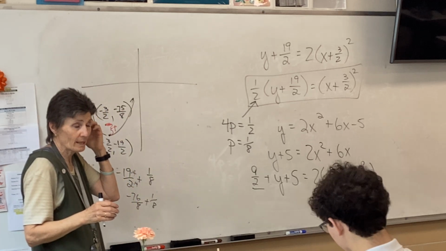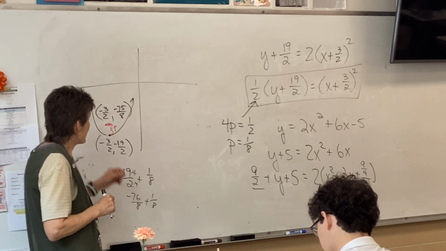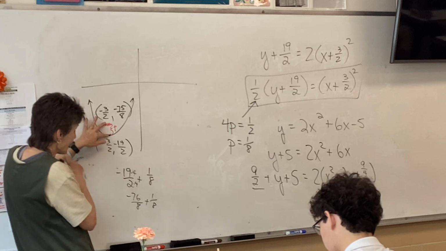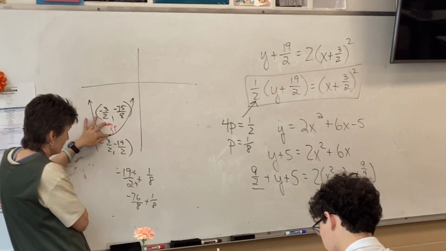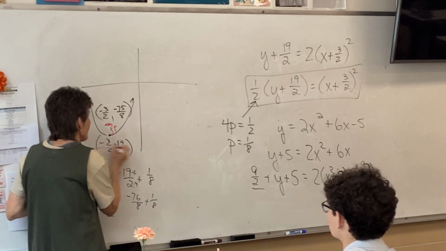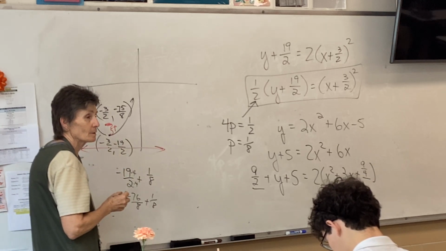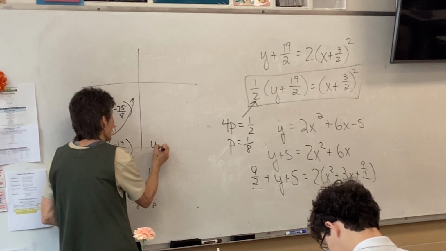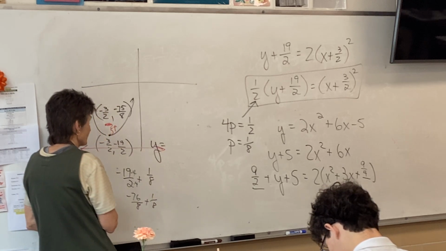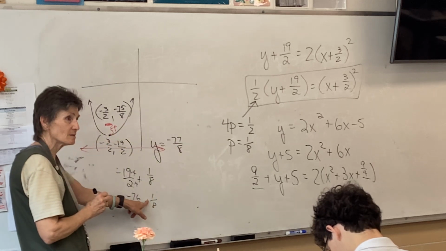We are, after all, AP students, we can deal with it. If I went up an eighth for my focus, I'm going to go down an eighth for my directrix. y equals negative 77 eighths, because I came down an eighth, so that's a minus.